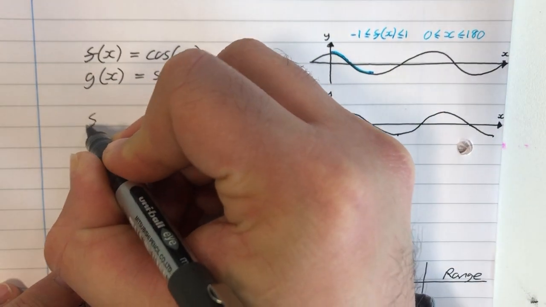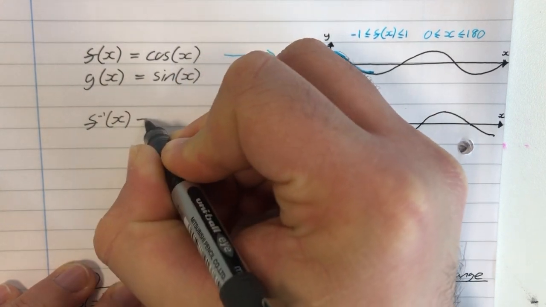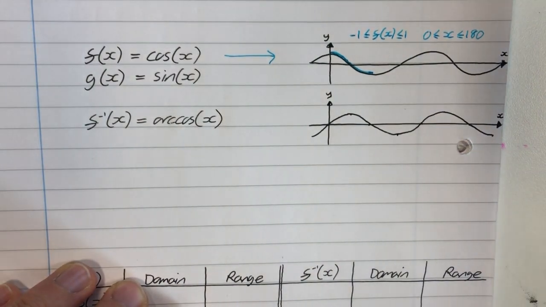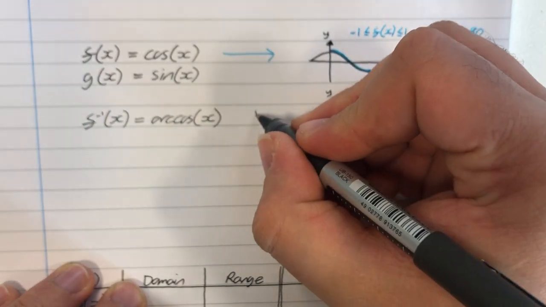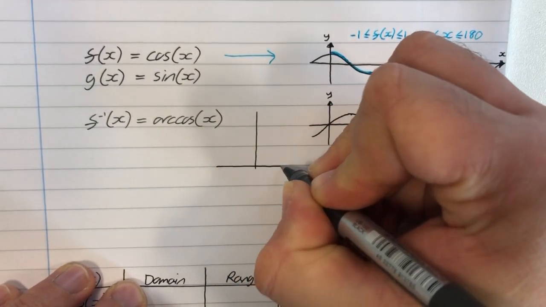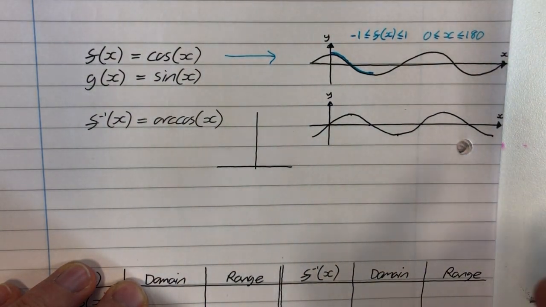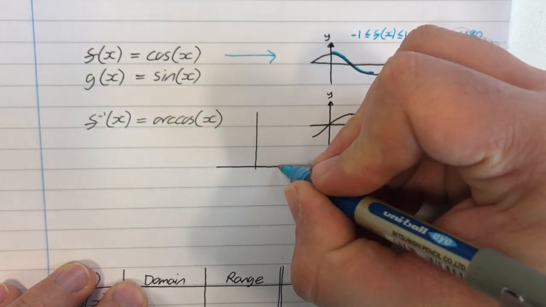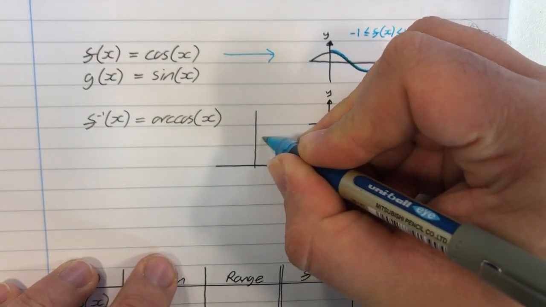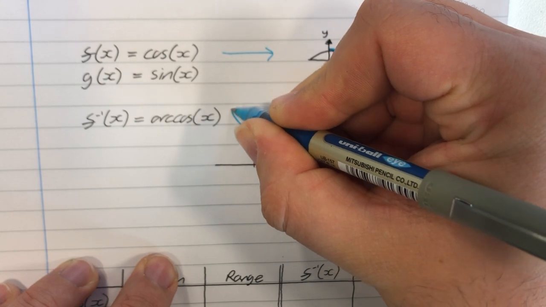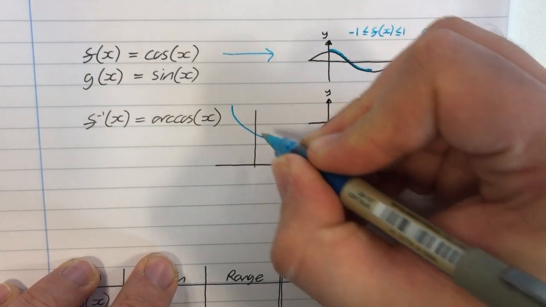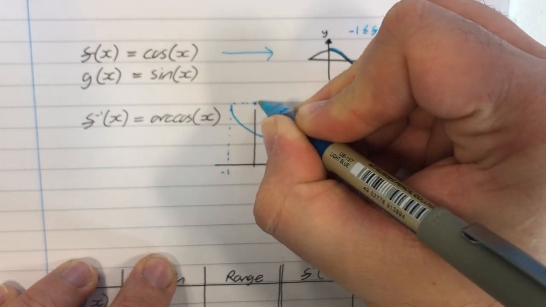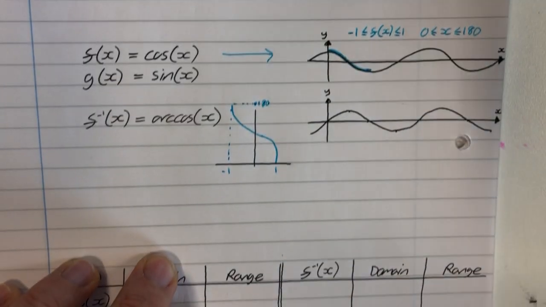So we get then that f to the minus 1 of x is equal to arc cos of x. And the graph of that, again, as I said before, is reflection in the line y equals x. So it's going to start here, up like that, and then finish up here. 1 there, minus 1 there, and 180 up there on the y-axis.